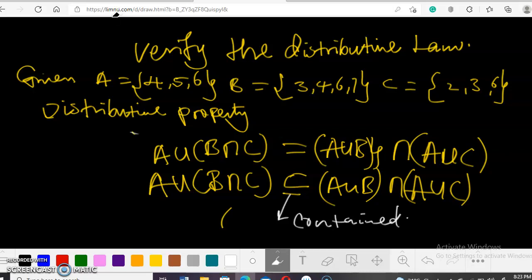So let us go ahead to verify the distributive law given sets A, B, and C using the above property.